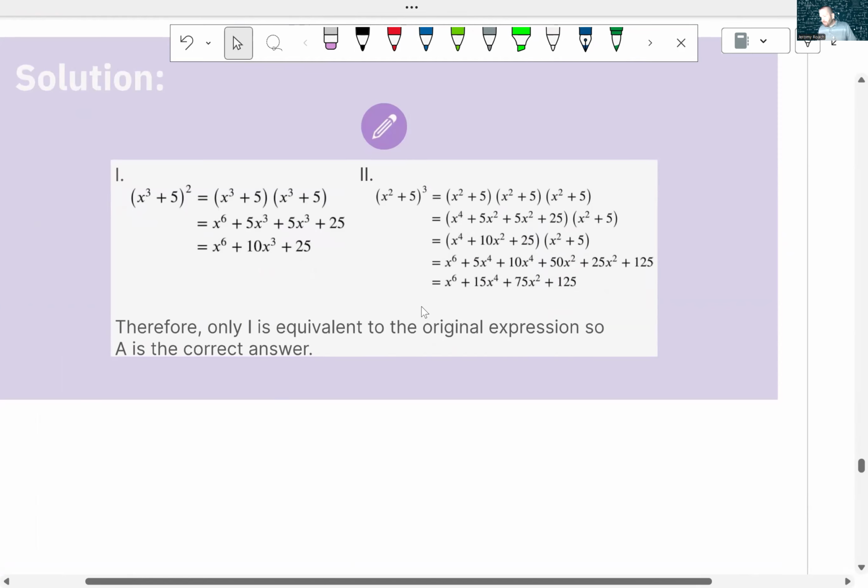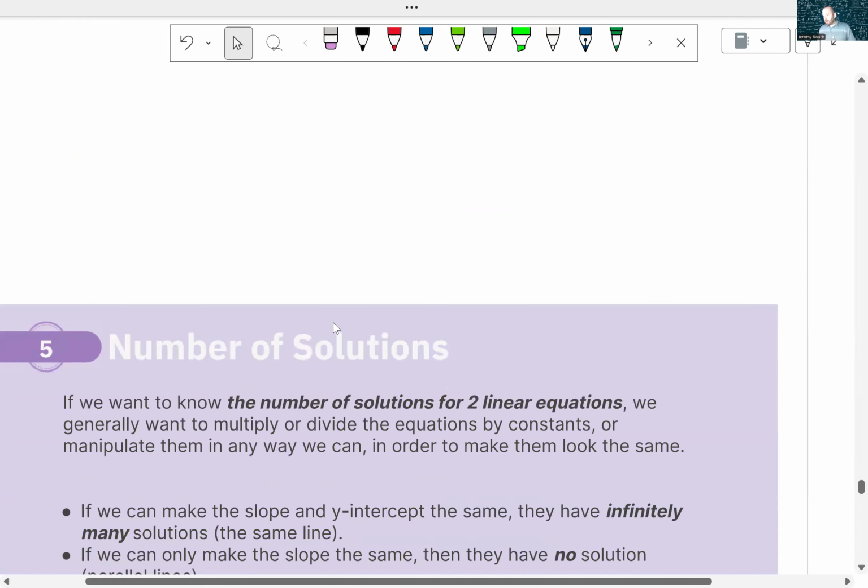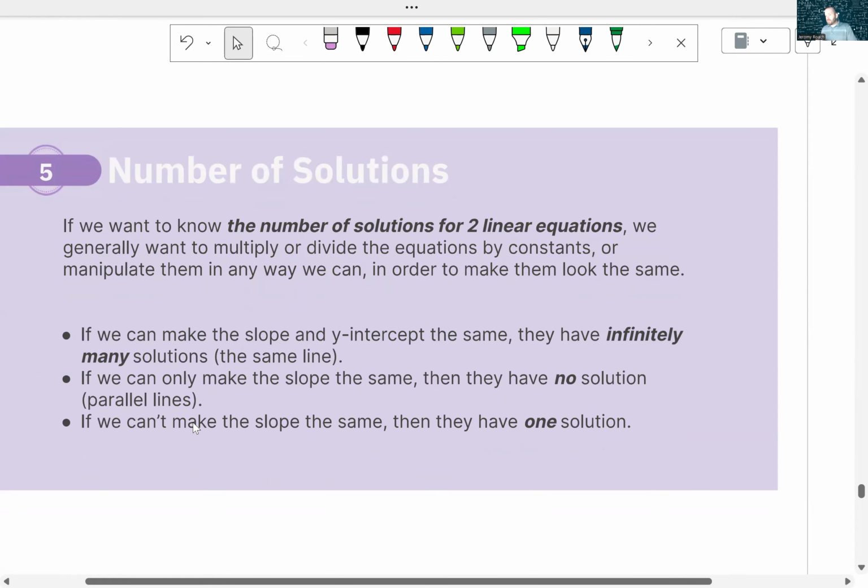But let's not focus too much on the binomials times three. We really don't see this very often written this way. But if you can find one of my mistakes or you find the error, please let me know. But we're going to move forward and go to number of solutions next.